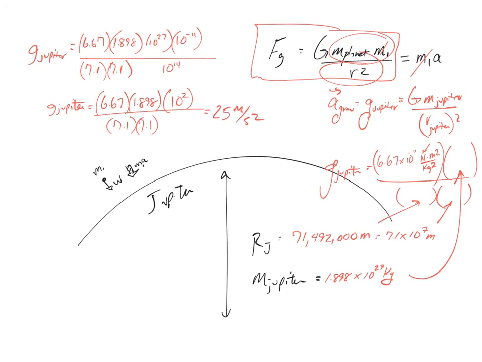Hey, quick question. If I asked what the gravity field strength was on Jupiter's surface, what would you say? 25 what? Instead of meters per second squared, I would use newtons per kilogram. You should know that those two units are equivalent.